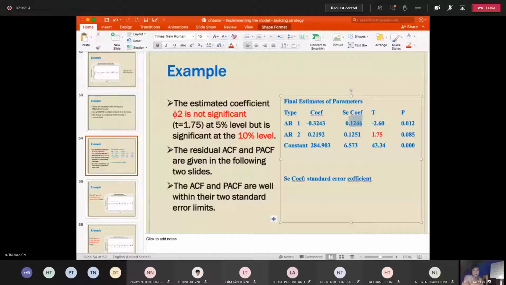You divide by this one, so you get minus 2.6. For example, you get the T value of AR1. So the T value will be equal to the coefficient divided by S.